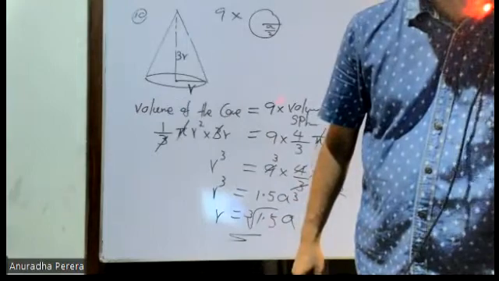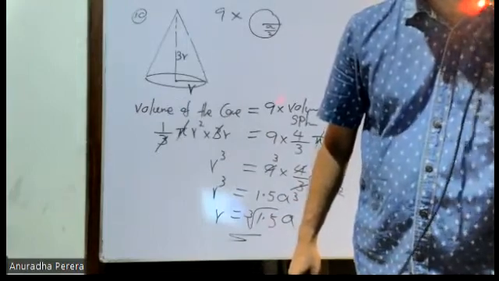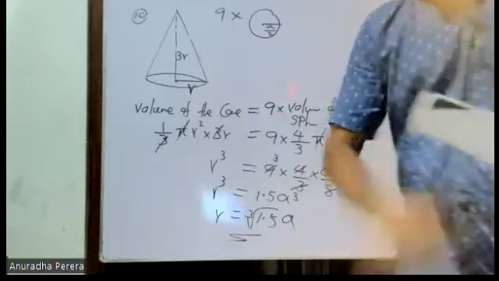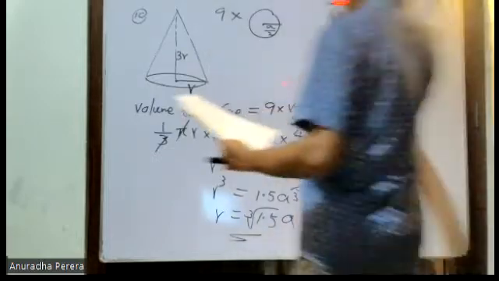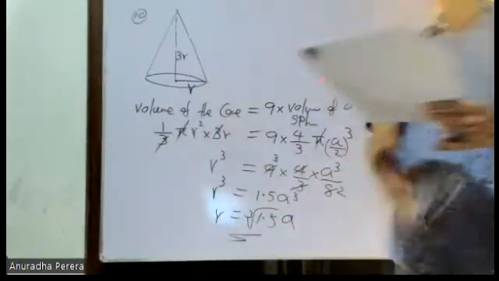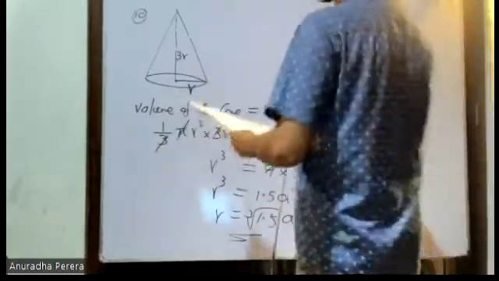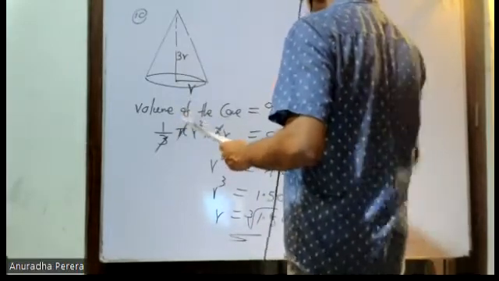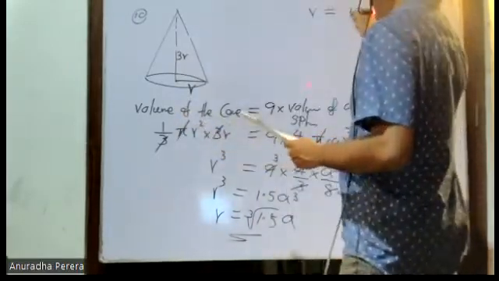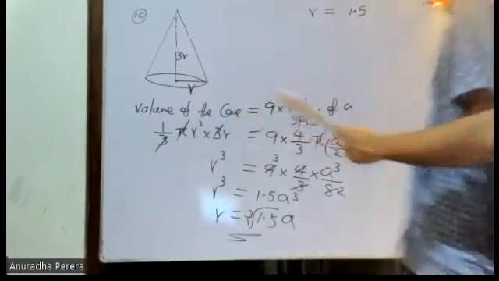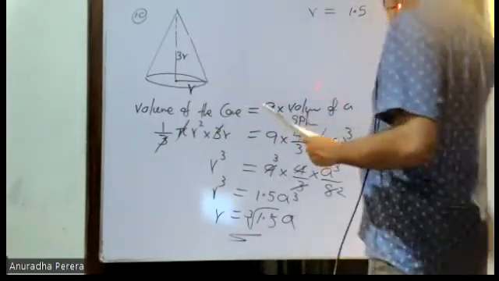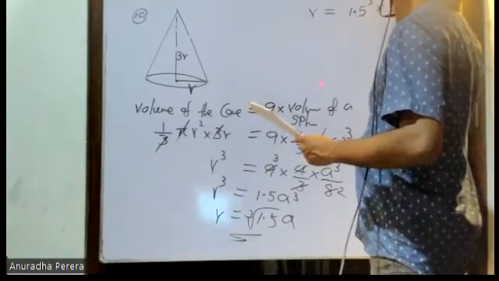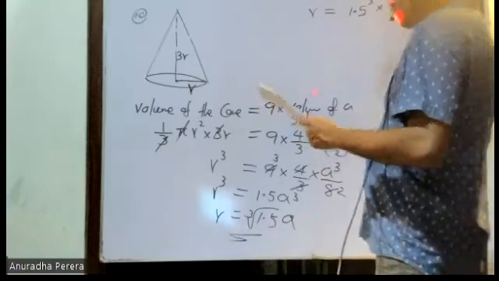Using the logarithmic table, find the value of the radius to the nearest centimeter, where a equals 2.58. r equals 1.5 to the power 1 over 3 into a, which means 2.58.